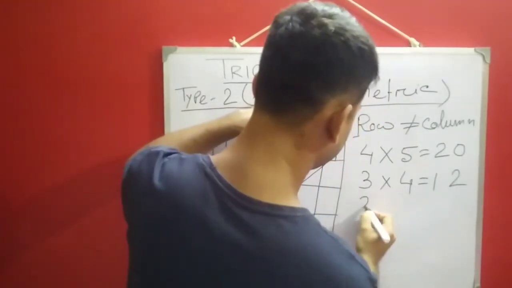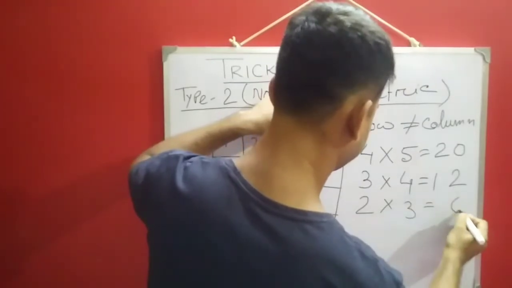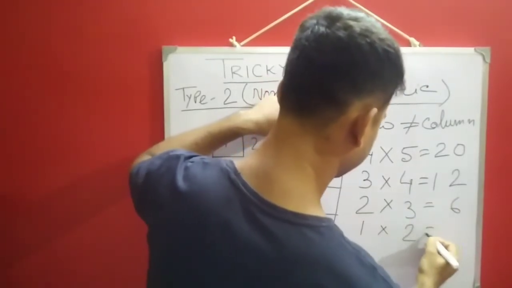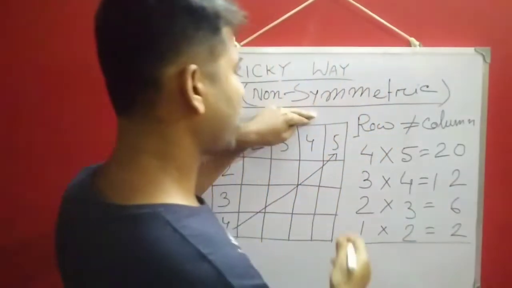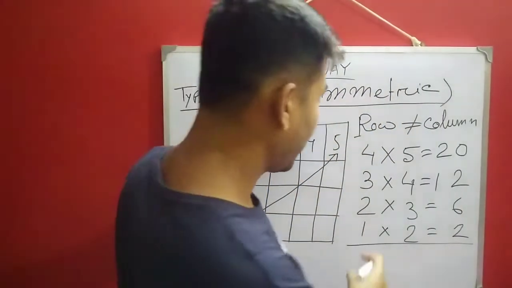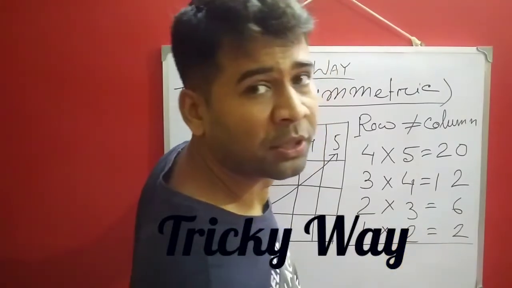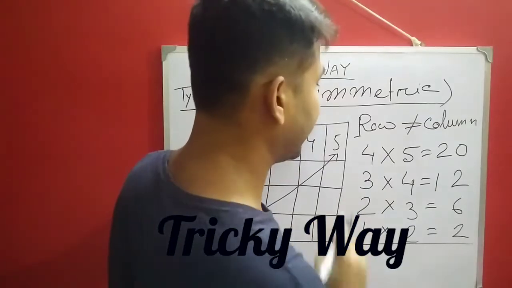Similarly continue, and stop when you get 1 in each value. Now the value is 1, so we stop here.